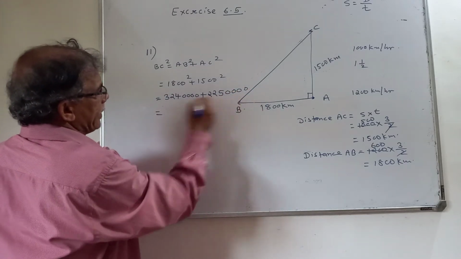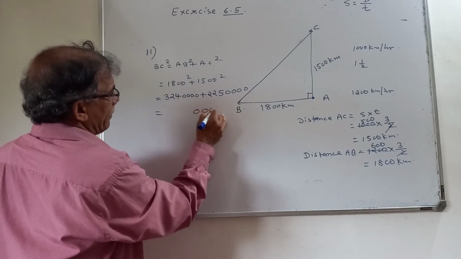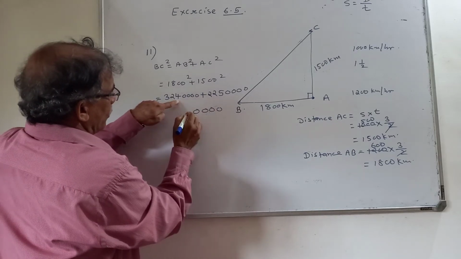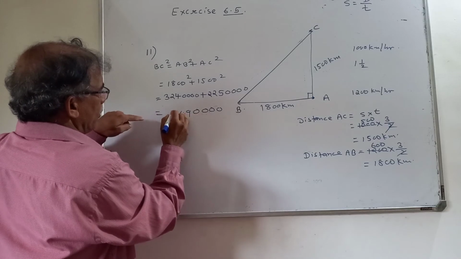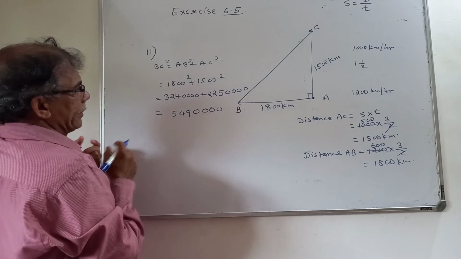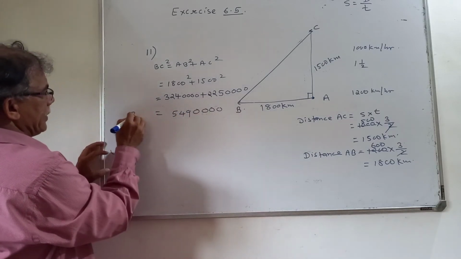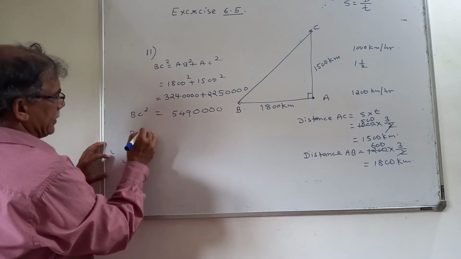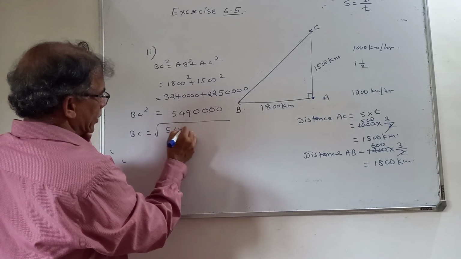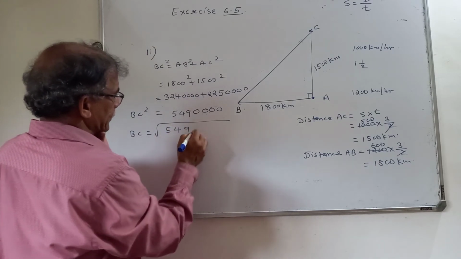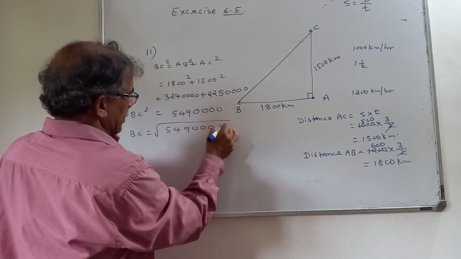So that is addition, 4 zeros will be there first, then 5, 4, 9, 2 and 2 is 4, 3 and 2 is 5, isn't it? So this is BC square, and therefore BC is equal to the root of 549, 0 0 0 0.